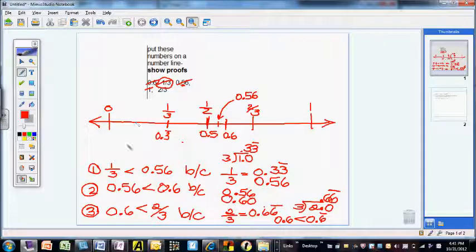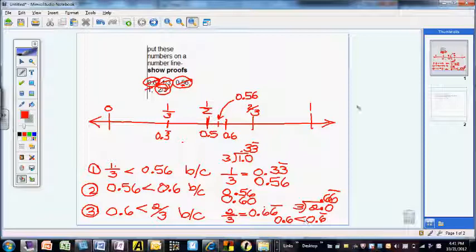So I've used 1/3 and I've said that it's less than 56/100ths, and then I proved it by putting it into similar decimals in this case. Then I did 56/100ths is less than 6/10, one of the originals, and had my proof. And then 6/10 is less than 2/3, and I have my proof over here.